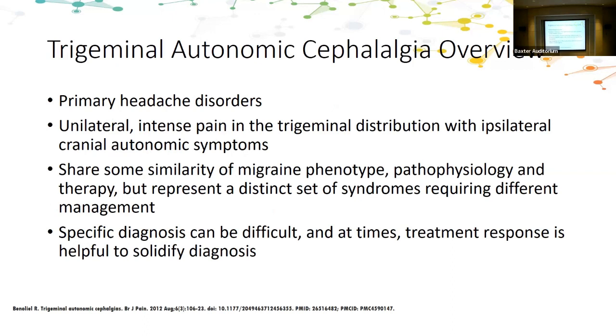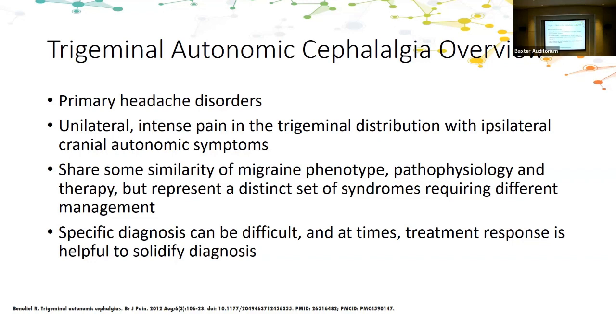Okay, so these are considered primary headache disorders. When we are in headache medicine, we like to distinguish primary versus secondary headache disorders. So these belong with the migraine type headaches and the tension type headaches. They are unilateral, intense pain that is in the trigeminal distribution, most commonly the V1 distribution, and they have ipsilateral cranial autonomic symptoms.